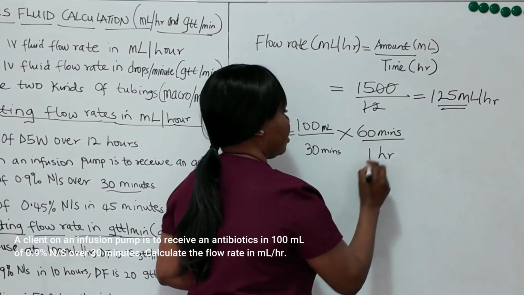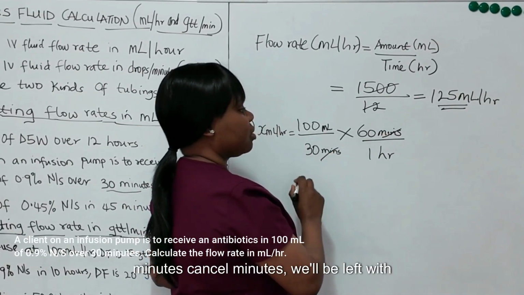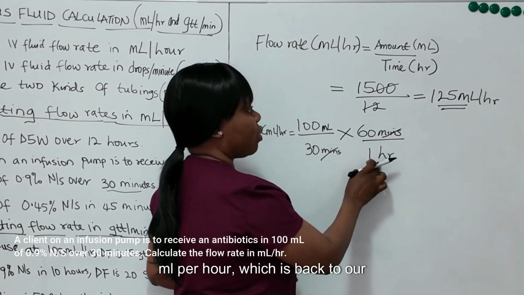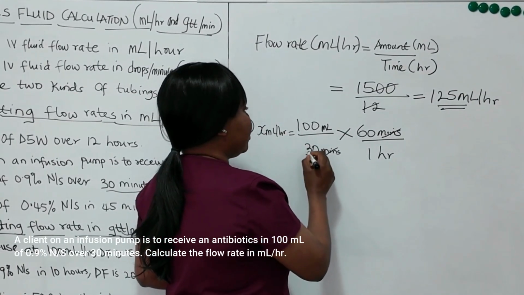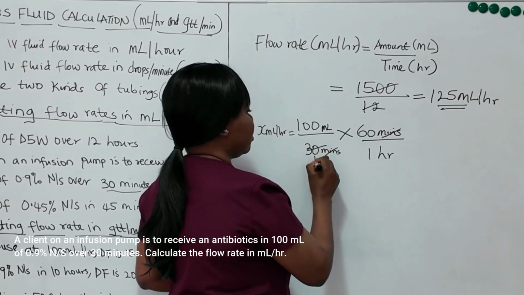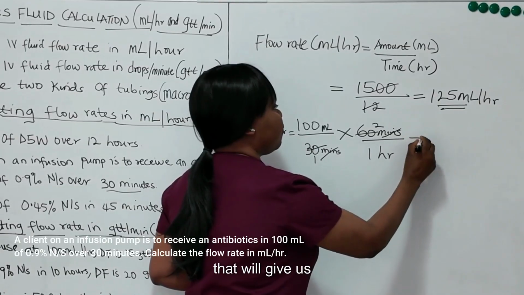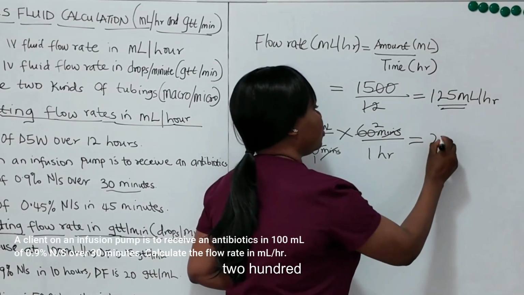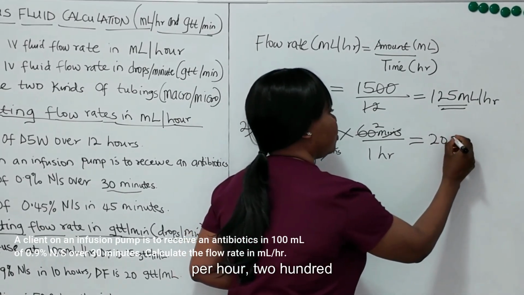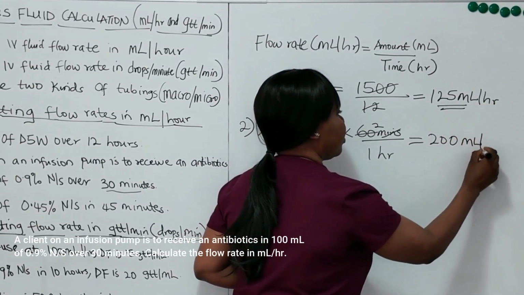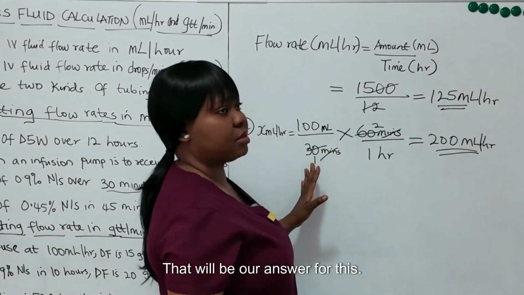The logic here is that minutes cancel minutes, and we'll be left with ml per hour, which is back to our formula. So 30 and 60 will give us 2. 100 times 2 will give us 200 ml per hour. That will be our answer for this.